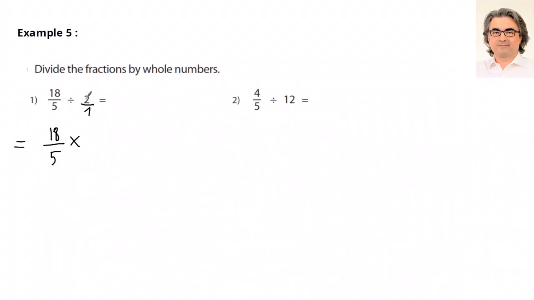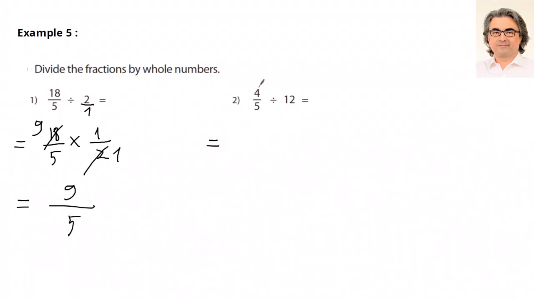It means instead of 2 over 1, you should write 1 over 2. Continue with simplifications. Between 18 and 2, there is simplification. If you divide with 2, 2 over 2 is 1, 18 over 2 is 9. Then multiply numerators finally. 9 times 1 is 9. 5 times 1 is 5. And the result is 9 over 5.